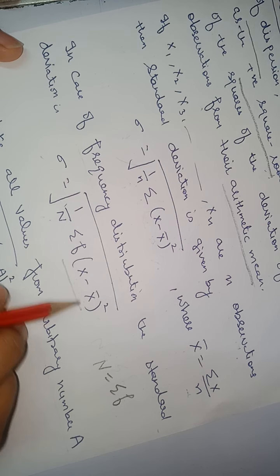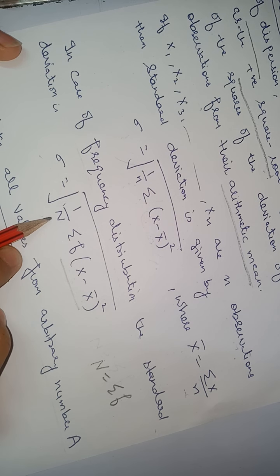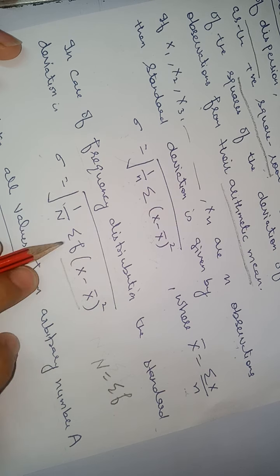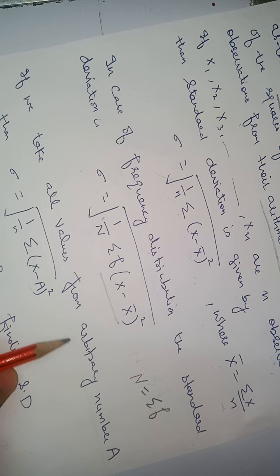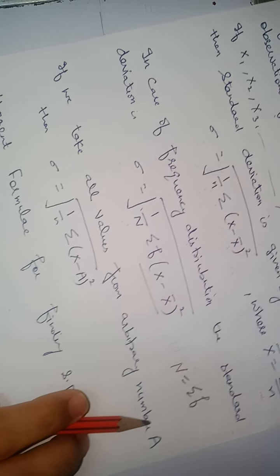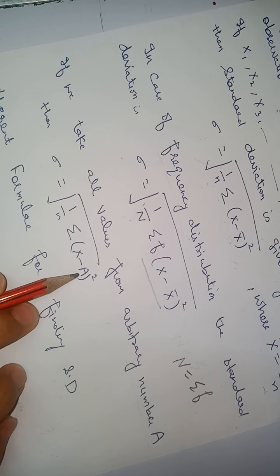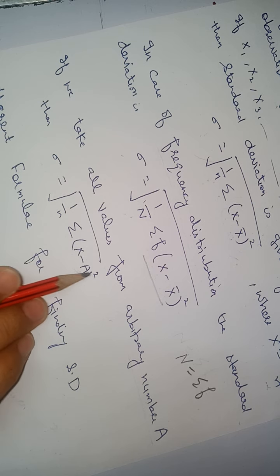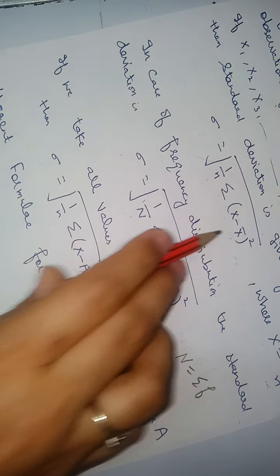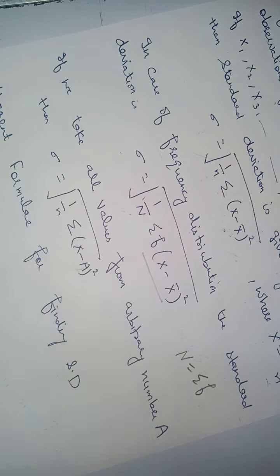First we find (x minus x bar) square, then multiply it by f and divide by N. By taking the square root we get our standard deviation. Sometimes we take all values from an arbitrary number a, then sigma is the square root of 1 by n summation (x minus a) square. The difference between these two formulas is that here we take deviations from an arbitrary number, and there from the mean.